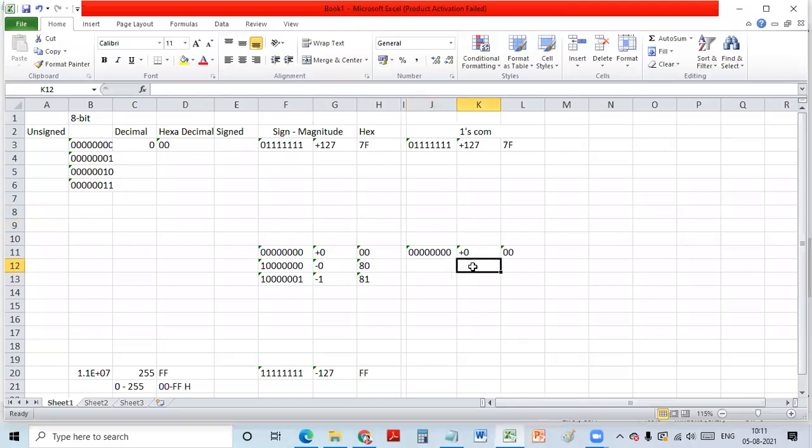If I want minus 0, we know plus 0 is this, so you need to take the ones complement of this to get minus 0. So minus 0 is 8 ones. Similarly, minus 1: you first take plus 1, which is 00000001, and take its ones complement.